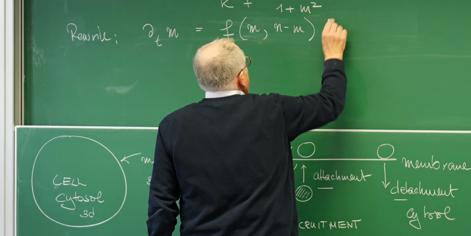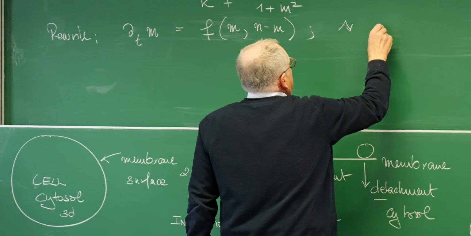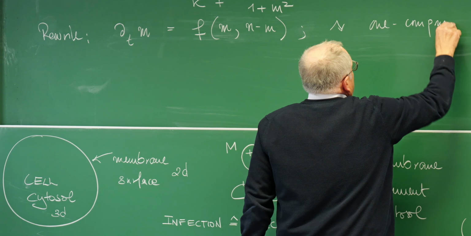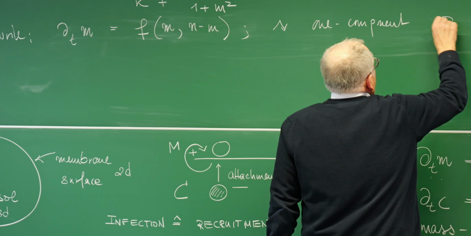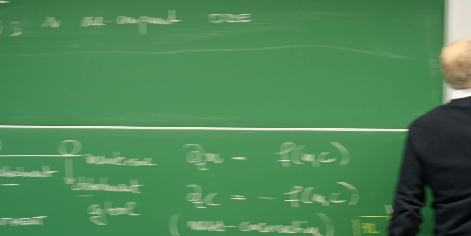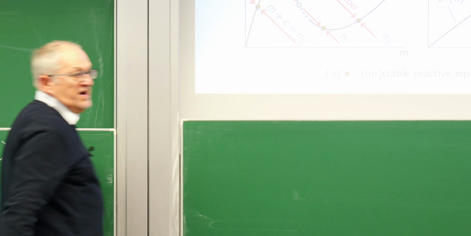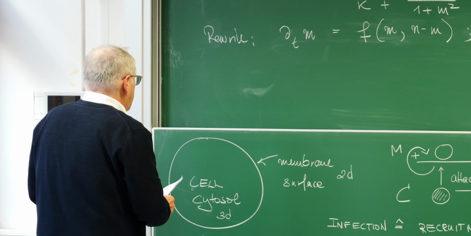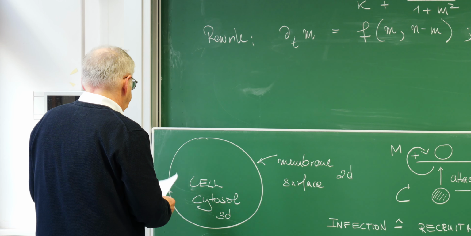Okay, that's the equation we have. So we have, again, a one-component ODE. And that one component is the flow along these different lines that you see in phase space. So how would you do that? Let's look at stability.